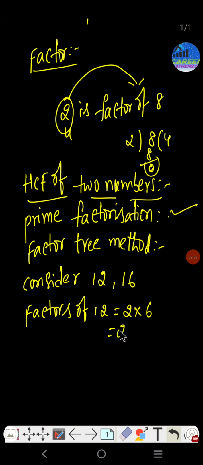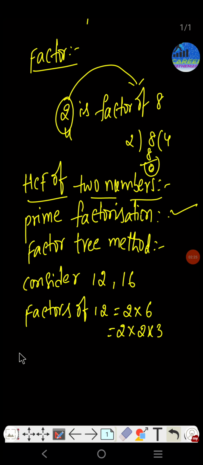That means 2 into 2 into 3. Now all three factors are prime, so leave it here. The given number we have to write as a product of prime numbers.